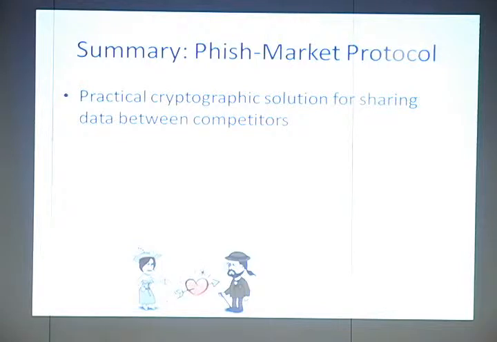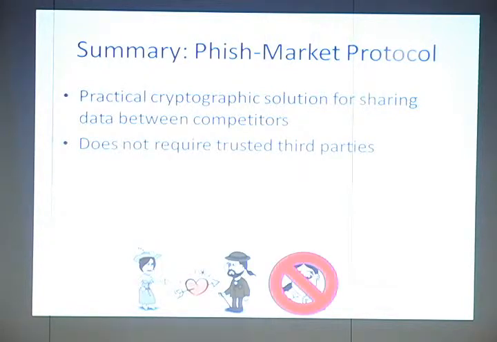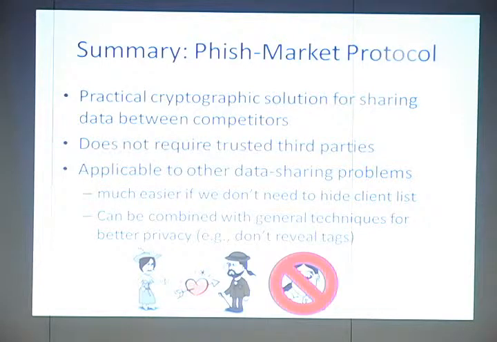OK, so I've shown a practical solution for sharing data between competitors, which doesn't require any angels to actually implement. And what I haven't shown, but is true, is that this is also applicable to other types of data sharing problems that have similar constraints. So on one side, there are problems where we don't have to hide as much. So for instance, if we didn't have to hide the client list, then this protocol would be much, much simpler.